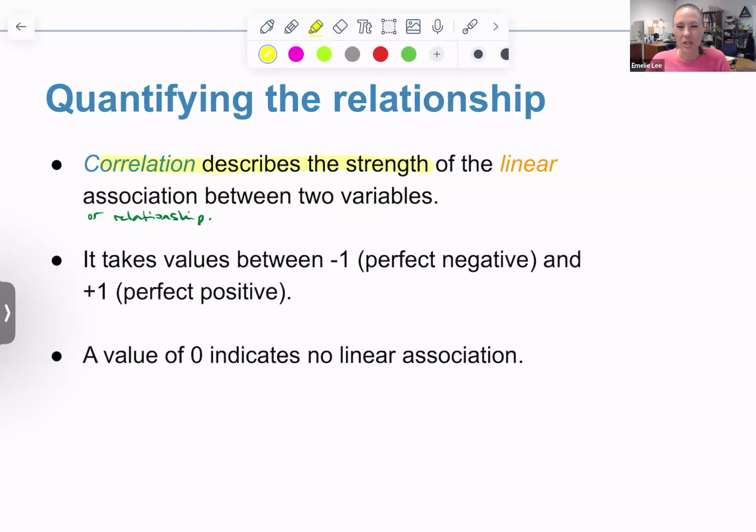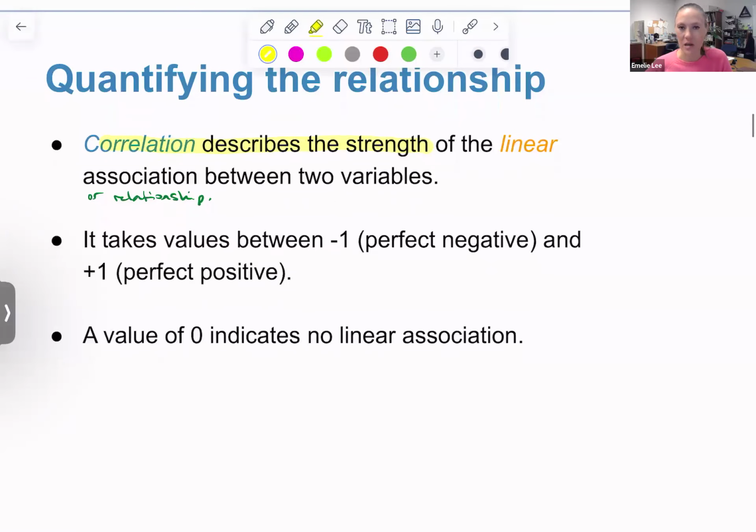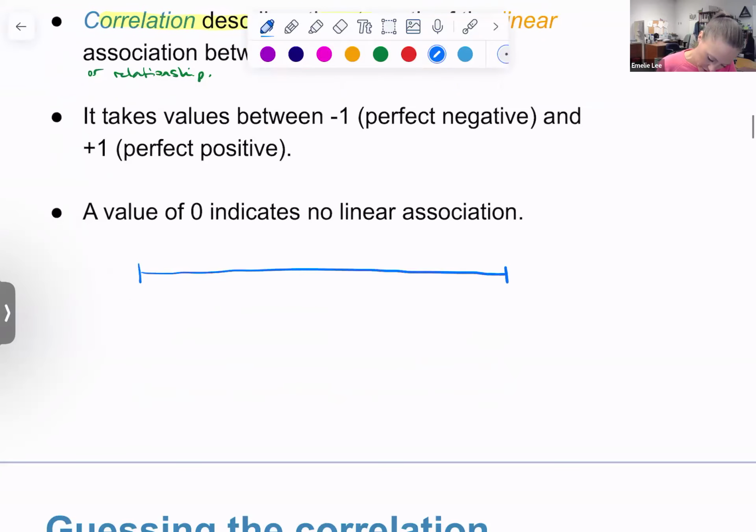The idea of correlation is what we're using when we use it in speech. Oh, there's a correlation between those two things. Well, it means that there's a strong relationship between these two things, but we have to specify that it has to be linear, right? And so the way we use it is not technically correct, but it's the same idea. Now, correlation takes values between -1 and +1, where it crosses 0, there's no linear relationship.